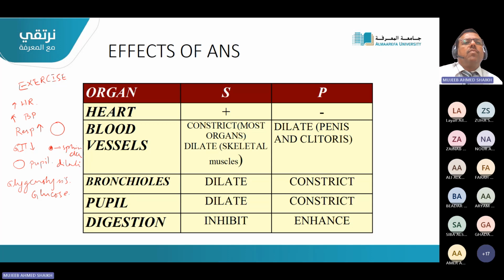During exercise, you require more energy. That's why the glycogen should be broken down and more glucose should come out, right? Increase glycogenolysis, increase glucose. Which hormone regulates the glucose? Insulin, very good.